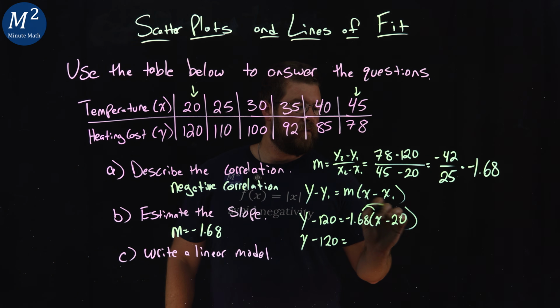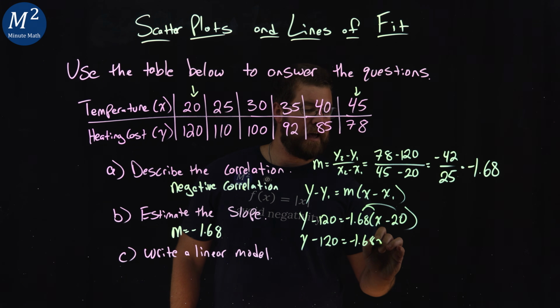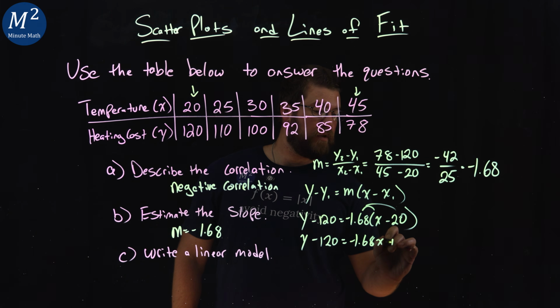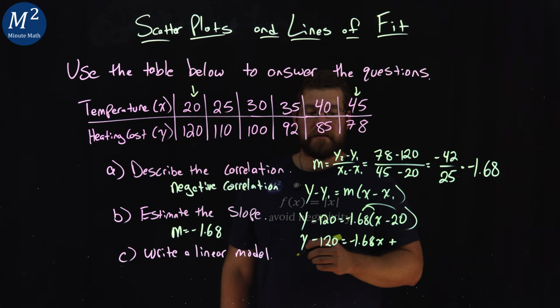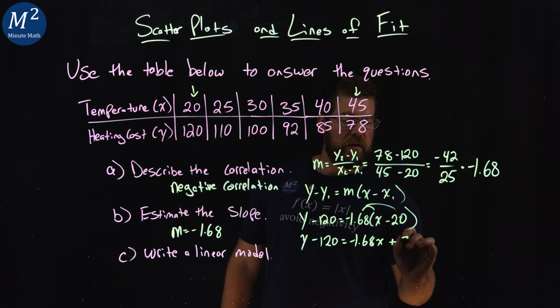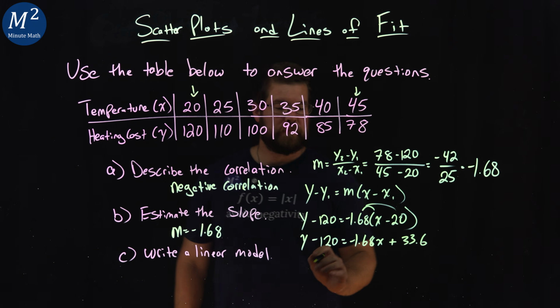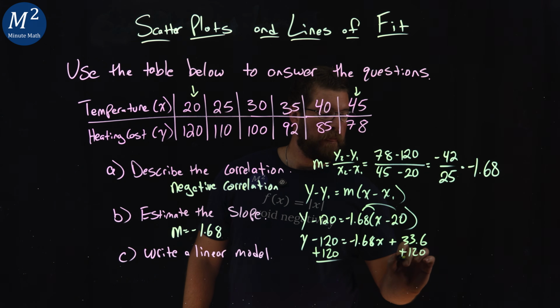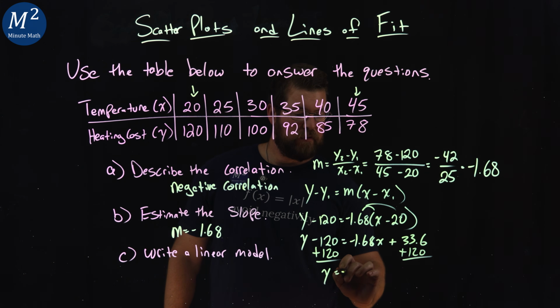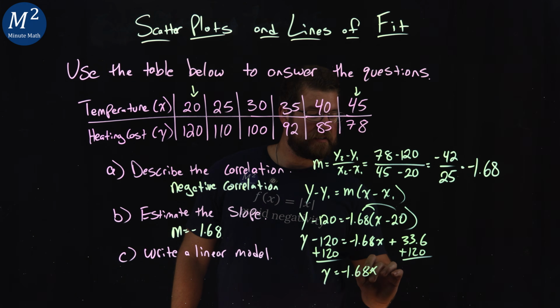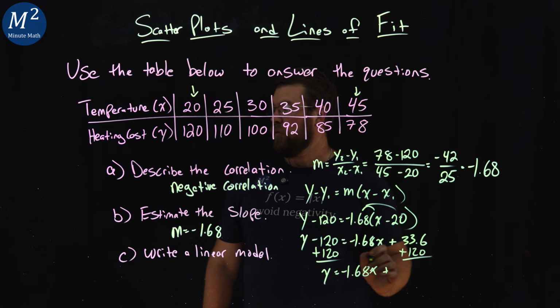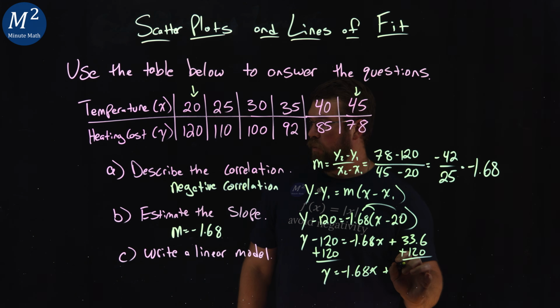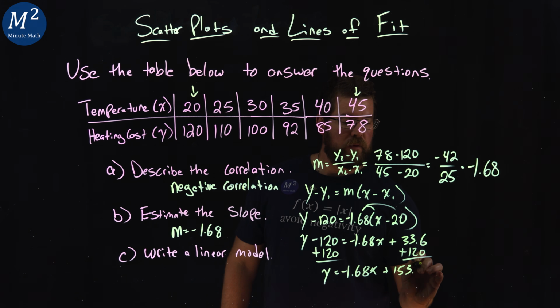Simplify this, distribute the negative 1.68. So we have negative 1.68x. Now we have a negative times a negative here, so we have plus here. And so 20 times 1.68 is 33.6. We now have to add 120 to both sides. And we have y now by itself is negative 1.68x plus 33.6 plus 120 is 153.6.